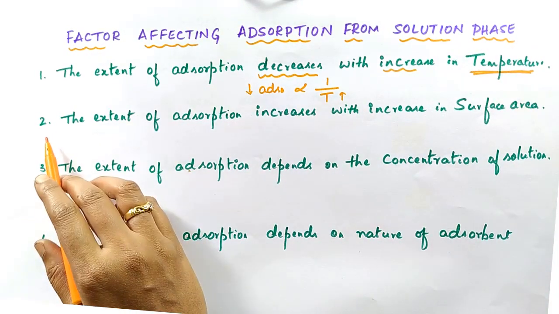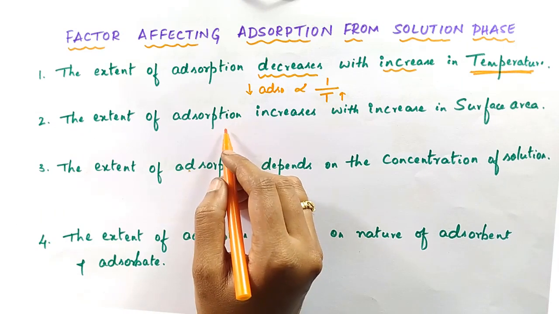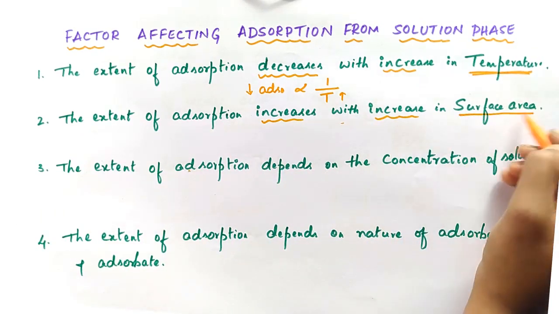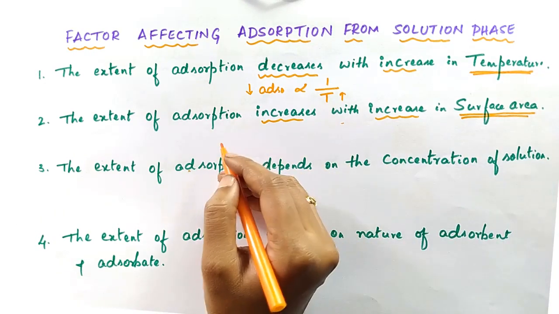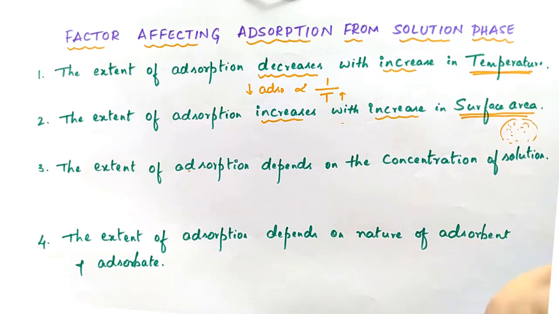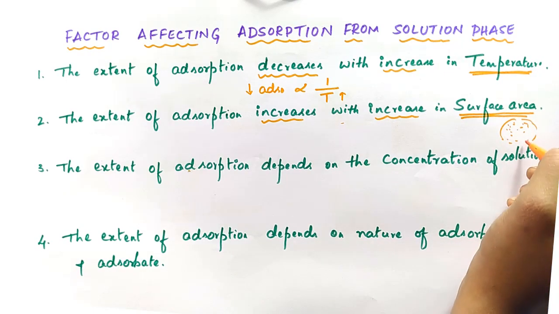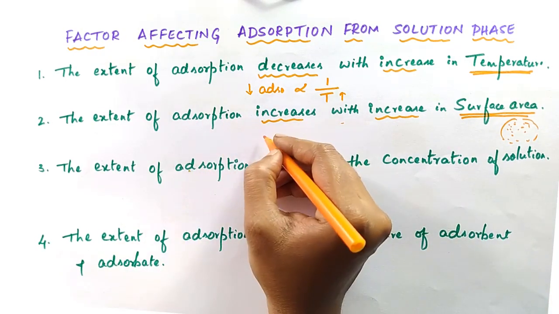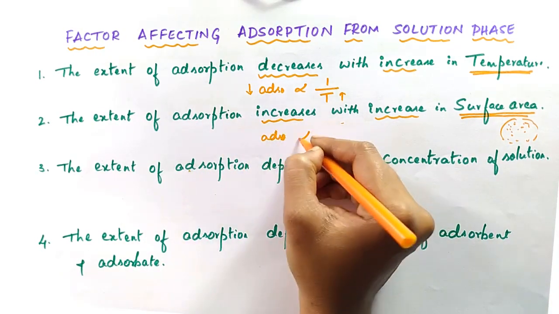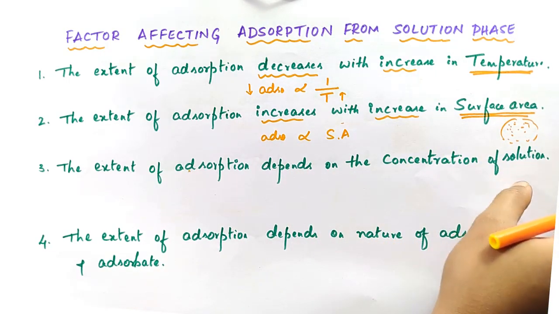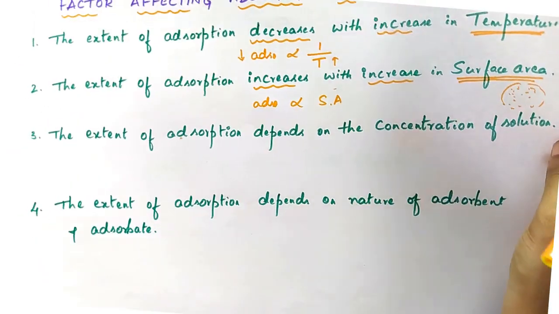The second factor is that the extent of adsorption increases with increasing surface area. As the surface area of the solid material increases, the adsorption will be maximum. Therefore, adsorption is directly proportional to surface area. This is the second factor.